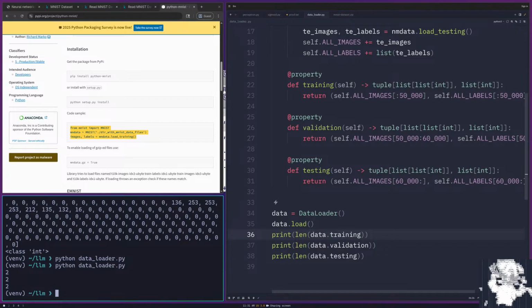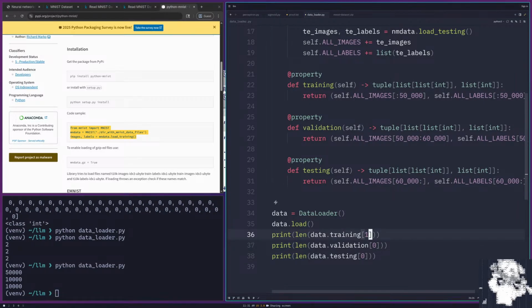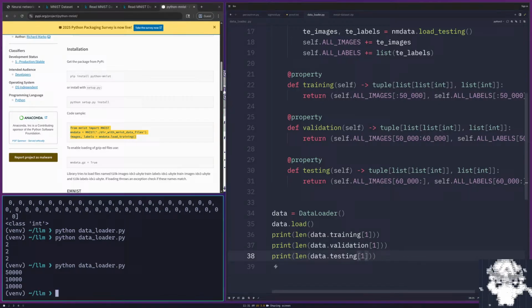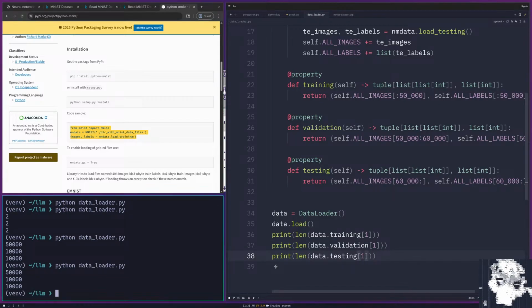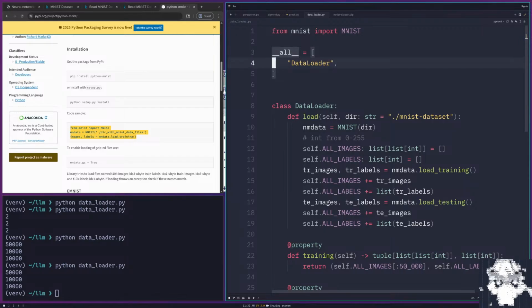That's not what you want to see. These are tuples. So these are the things I wanted to look at. 50, 10, 10. That's what I was hoping for. And then the labels. Good. Okay. So we've got a data loader.